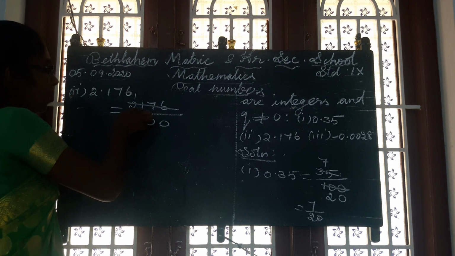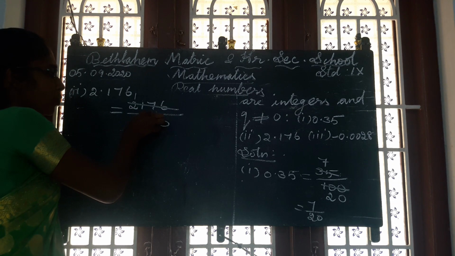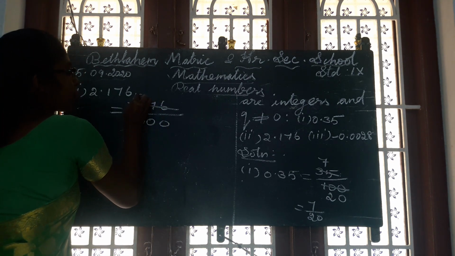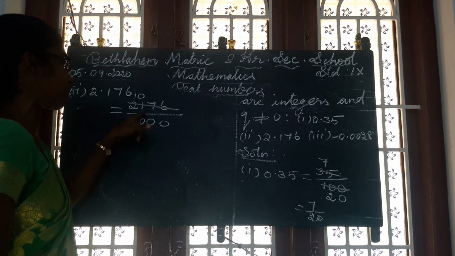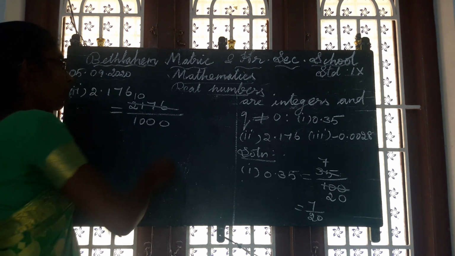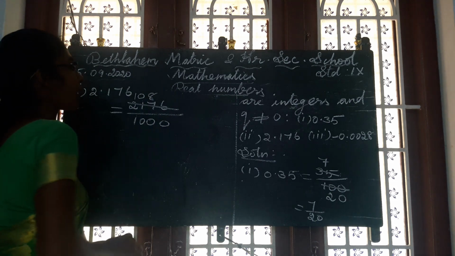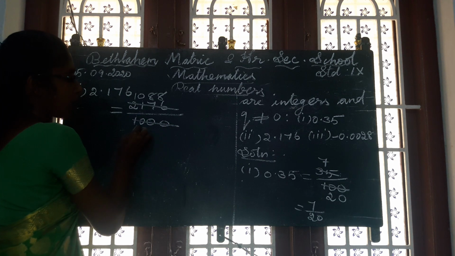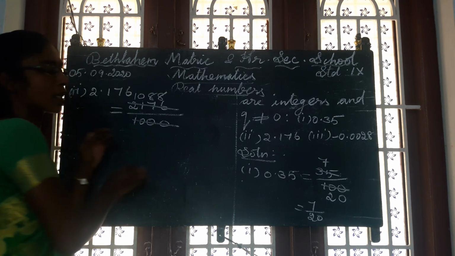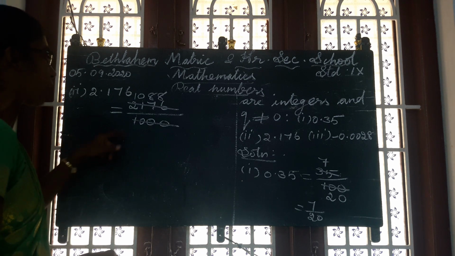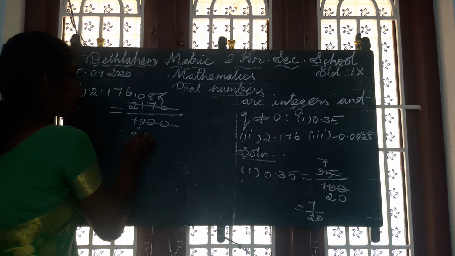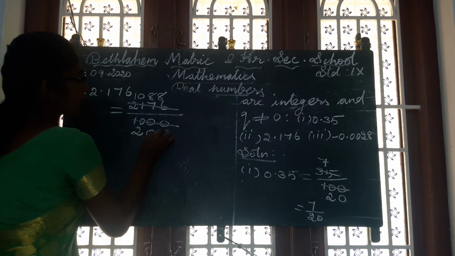1 2s are 2. Next, here 1, but 1 is less than 2, so you have to take this 1 and 7 together, 17. Don't forget to include 0 in the quotient. Now 17 together: 8 2s are 16, 1 balance. Denominator: 5 2s are 10, 0 0.